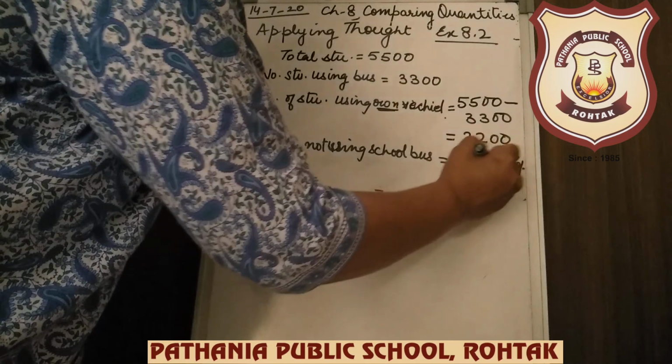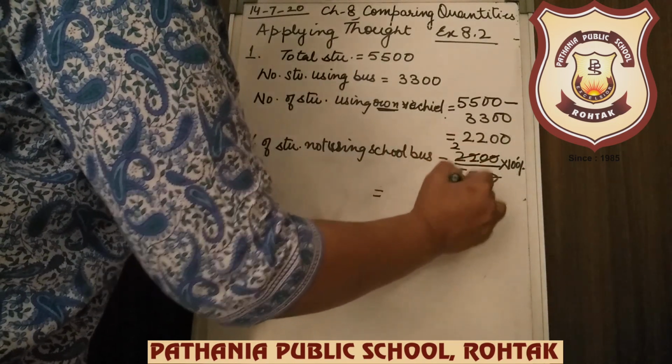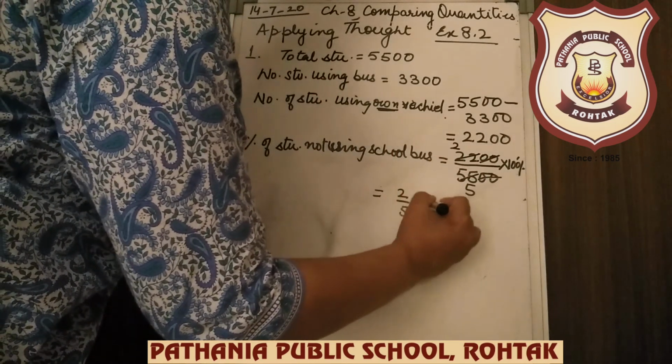So these two zeros get cancelled, 11 2s, 11 5s. So I am left with 2 upon 5 multiplied by 100%.